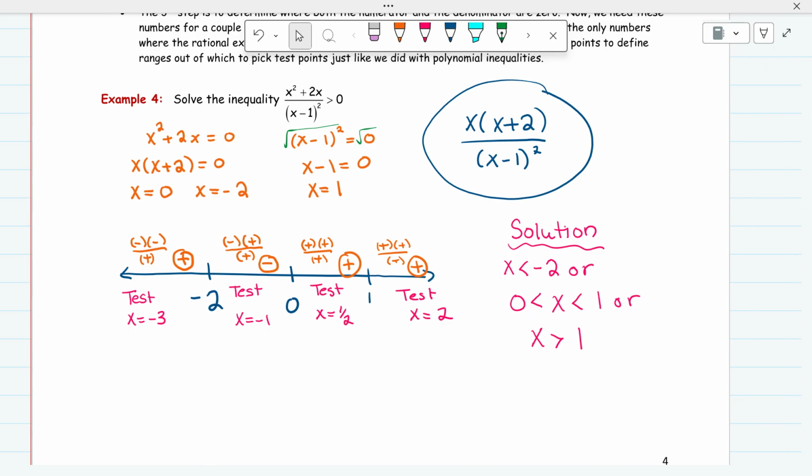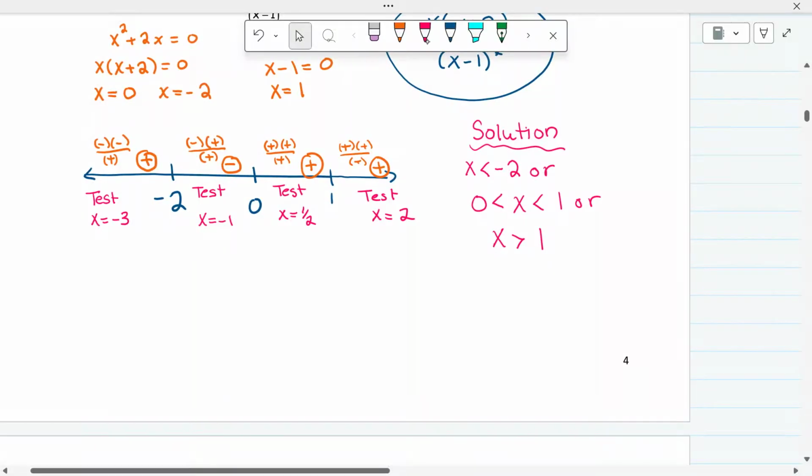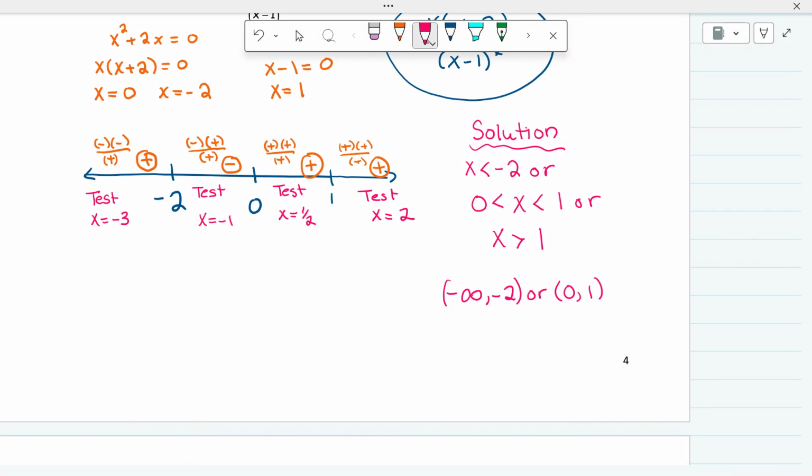Okay. And then I guess this would be negative infinity to -2, or 0 to 1, or 1 to infinity, using the other notation.